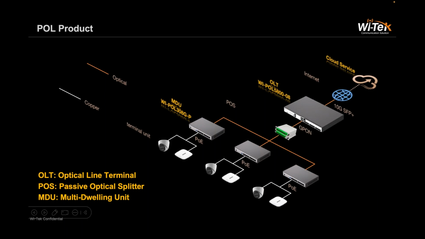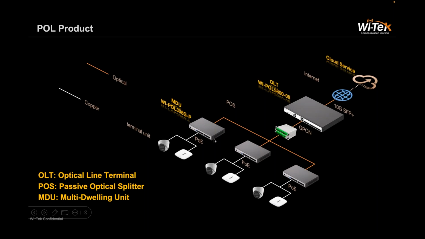Usually for GPON, one fiber can split into 128 new fibers. Then it goes to the MDU. The MDU is actually a PoE switch, but the uplink port is GPON fiber. So this device converts fiber to PoE. Then in the end, the PoE connects the cameras or access points.